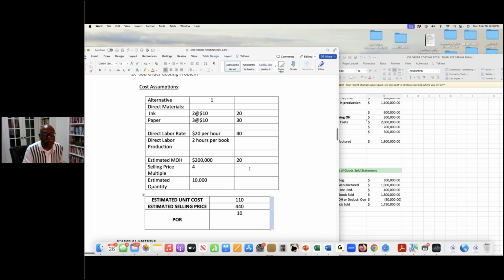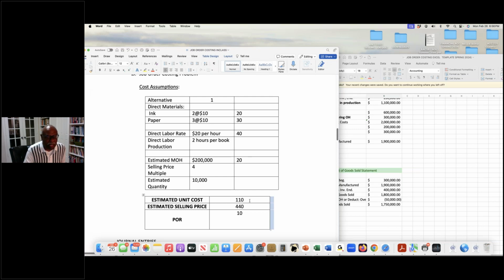All right, we'll assume it is. Then for the selling price, we simply multiply 4 times that unit cost. So as you can see, we're always going in here and estimating unit cost and selling price.